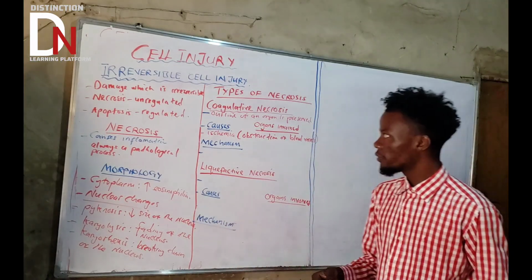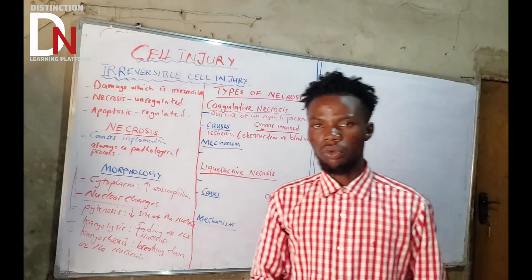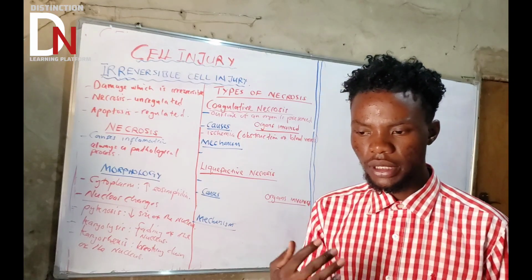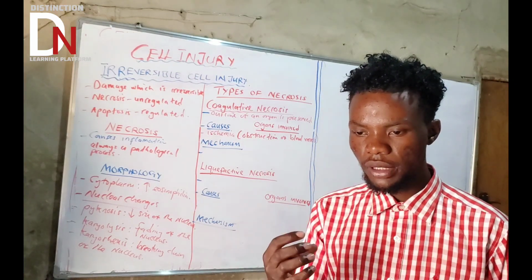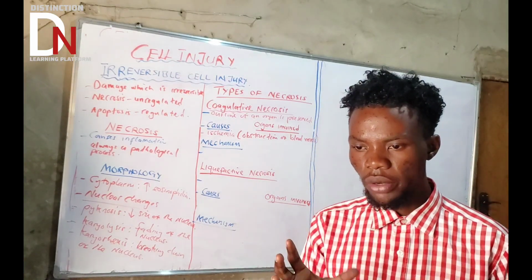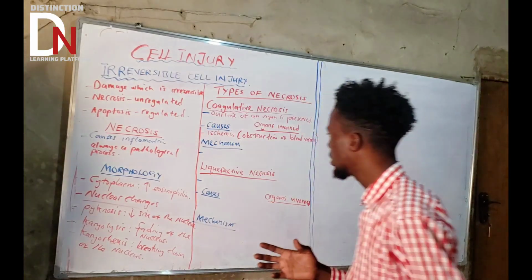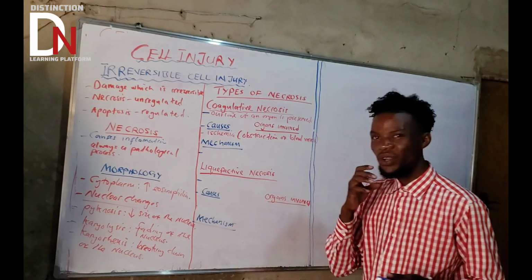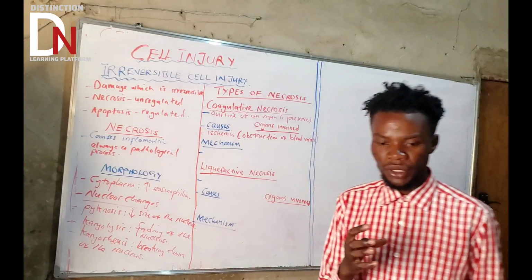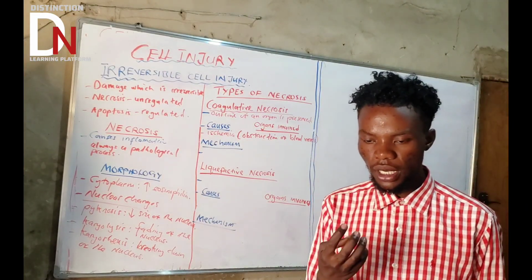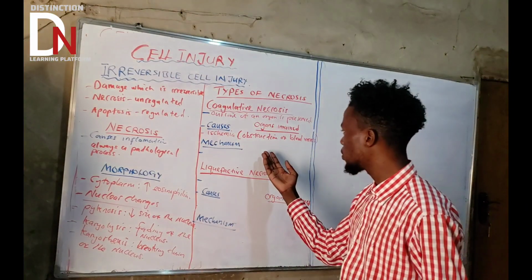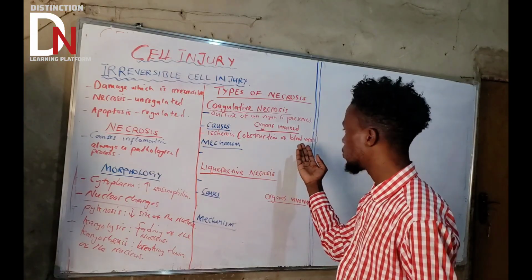Now let's go to the mechanism of coagulative necrosis. Why does coagulative necrosis make the organ look normal for a few days? What is that mechanism? The mechanism is very interesting. Coagulative necrosis is caused by ischemia, which is a lack of blood supply due to obstruction of blood vessels.